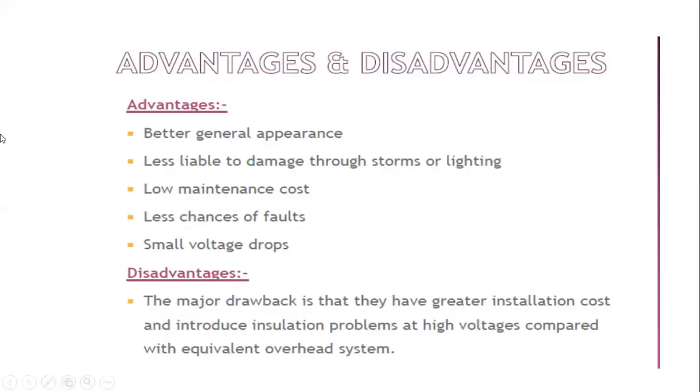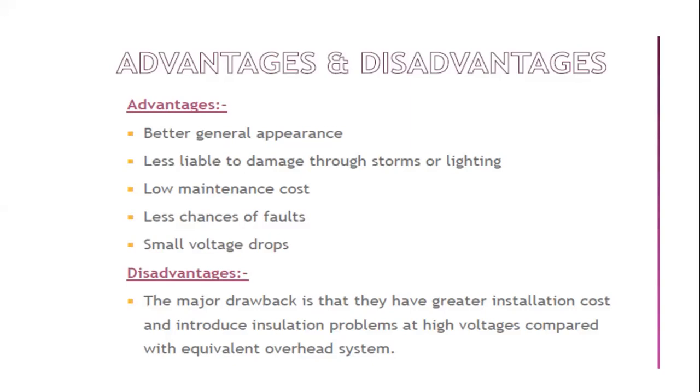Next, what are the main disadvantages of underground cables? We have some disadvantages for the usage of underground cables. The major drawback is greater insulation cost. We require more insulation for those cables. Why?